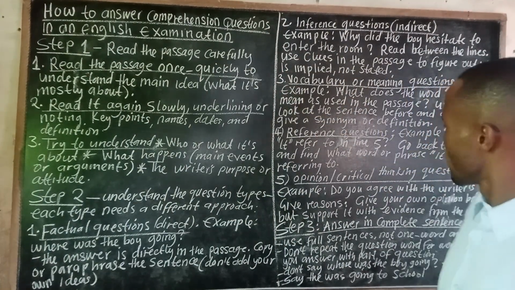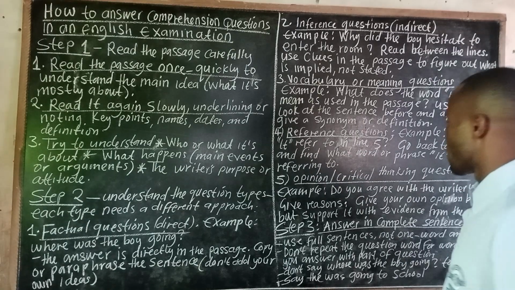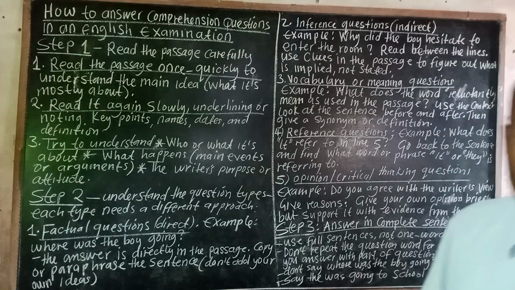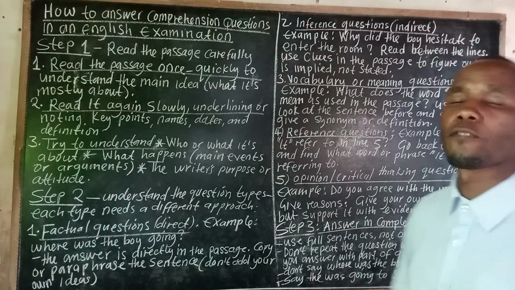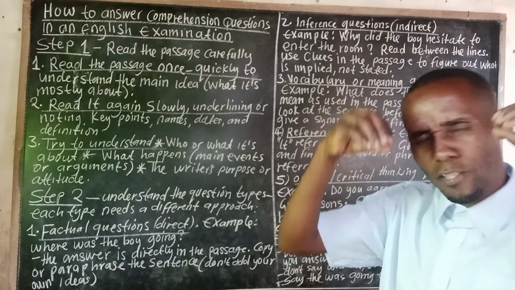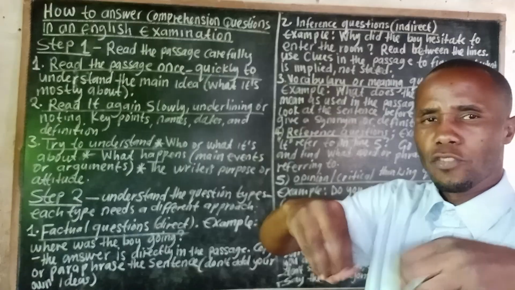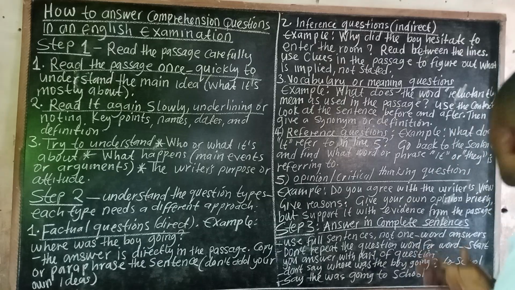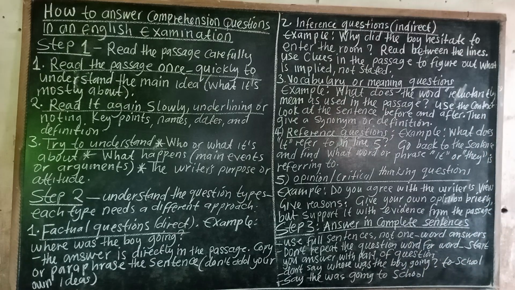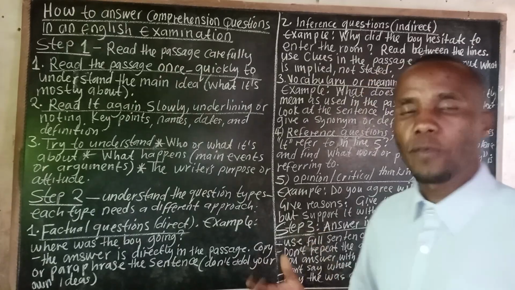Give reasons. Give your own opinion briefly, but support it with evidence from the passage. As you are giving that opinion, it should be linked to and supported by what is in the passage. So that is opinion or critical thinking questions.